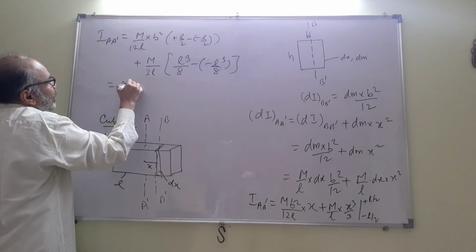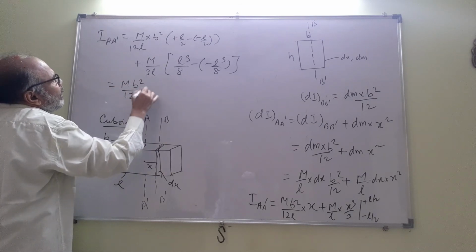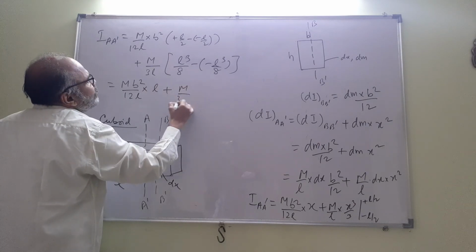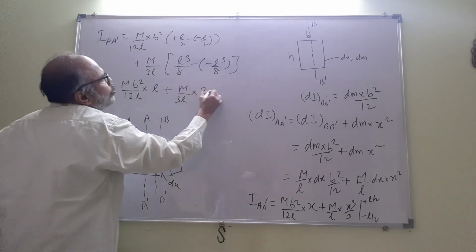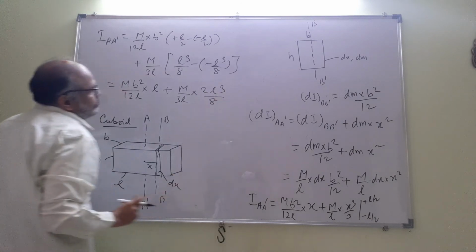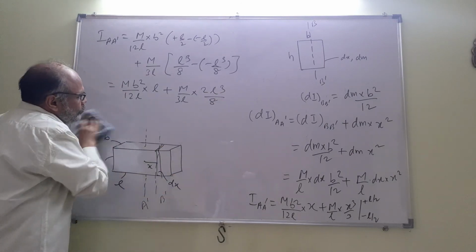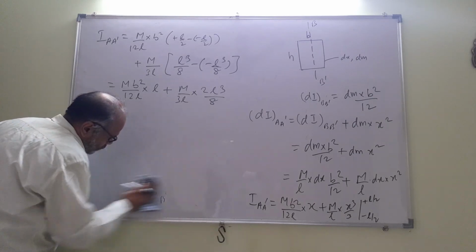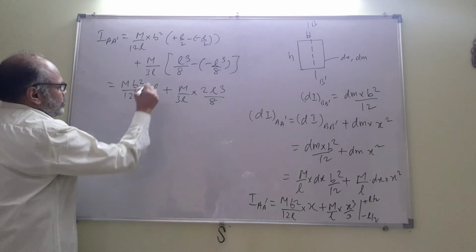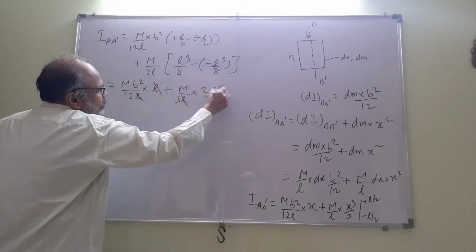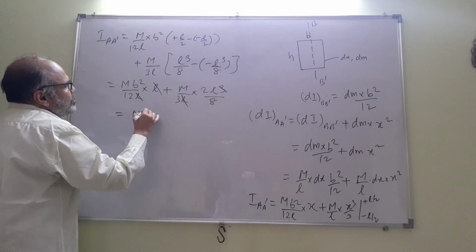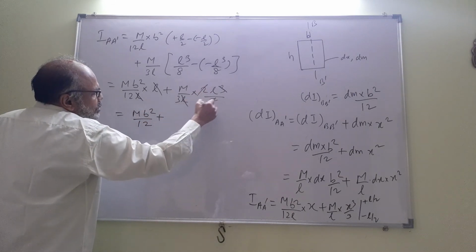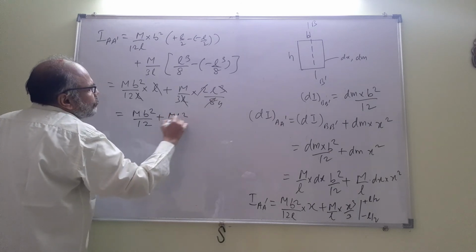So you would have mb squared by 12L, L by 2 minus minus L by 2 is L, plus m by 3L, this will be 2L cube by 8. So this L will cancel, this one L will cancel, and you will have mb squared by 12 plus this 2 cancels with this, and you will have mL squared by 12.